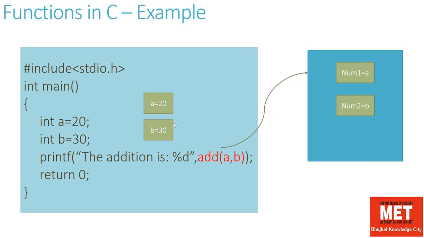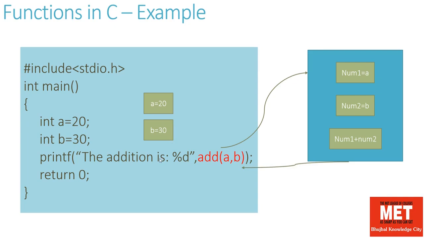Then we proceed with the function body, and what is the function body doing? Function body is returning num1 plus num2. When this statement is executed, the resulting value is returned back to the calling program.